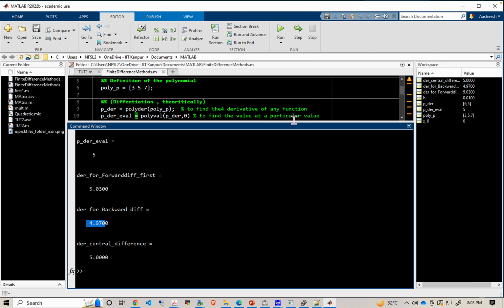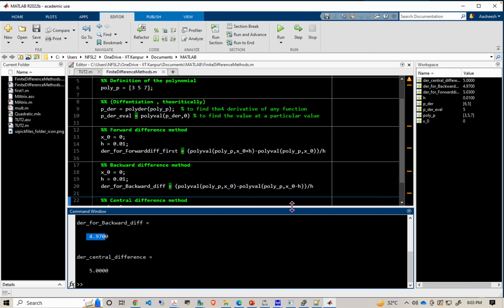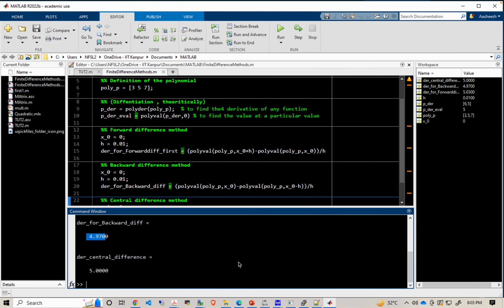As you start reducing it in an iterative manner, the error will come down, and you will achieve the actual value of that derivative. So now you got the difference between forward, backward and central difference in MATLAB, how to solve it.